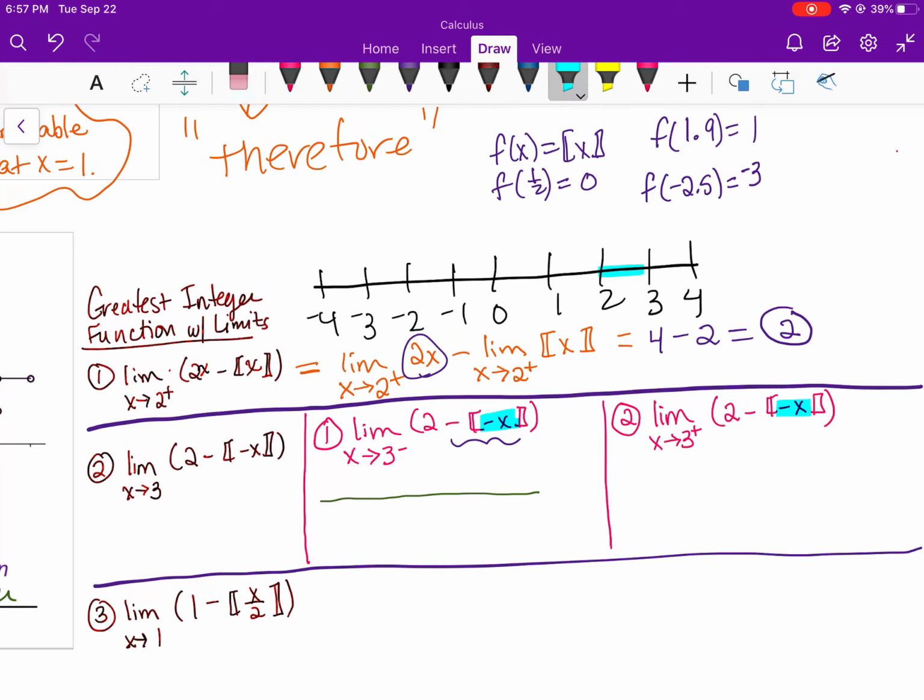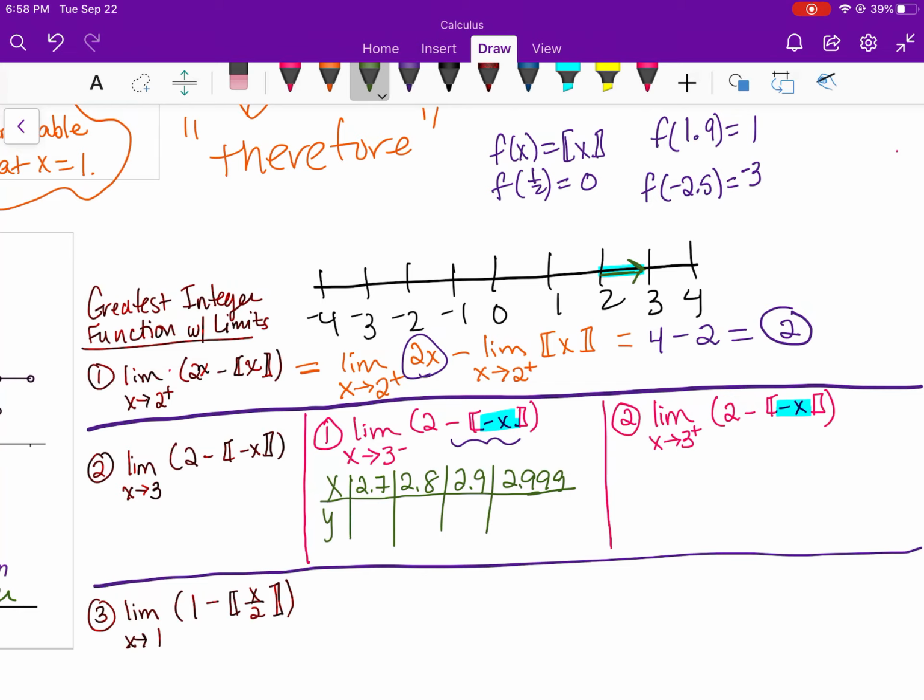And I'm heading towards 3. So I am looking at numbers that get gradually closer to 3. So if I did a little XY table just for this piece, and I let my x's get really close to 3 from the left side, it's going to be things like 2.7 maybe, 2.8, 2.9, 2.999, etc.